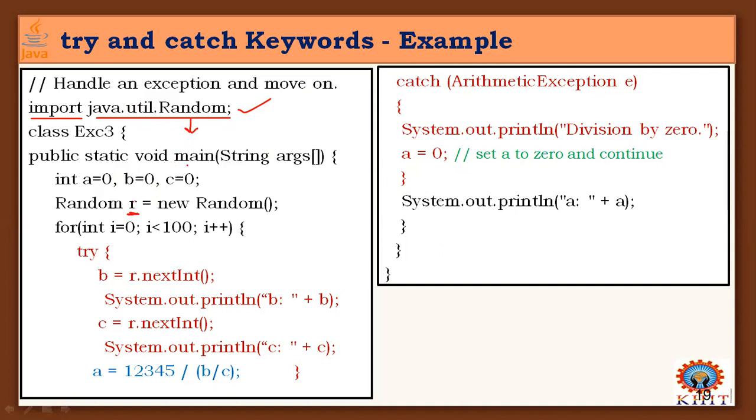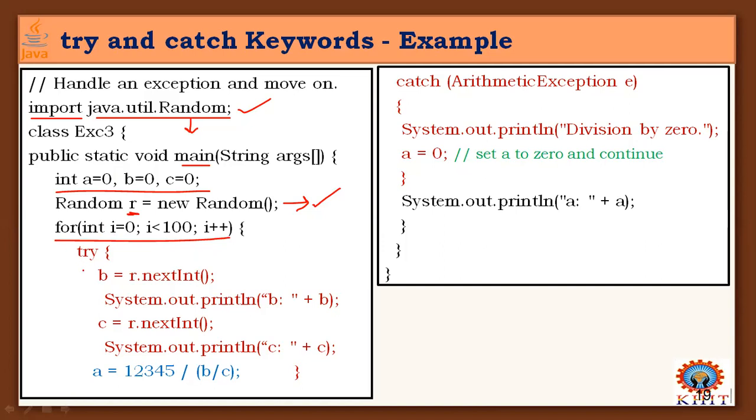Inside the main method, I have declared three variables: a equal to 0, b equal to 0, c equal to 0, right? Then one Random object r, lowercase r equal to new Random. And in an iteration for loop, i equal to 0 to 100, I'm repeating this code 100 times.